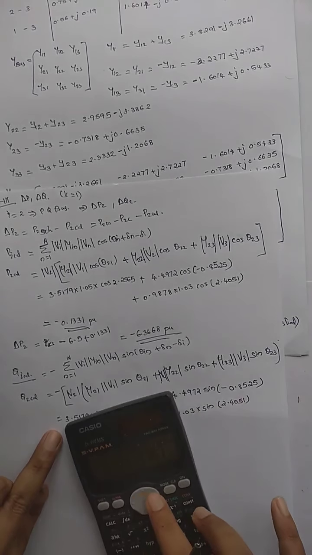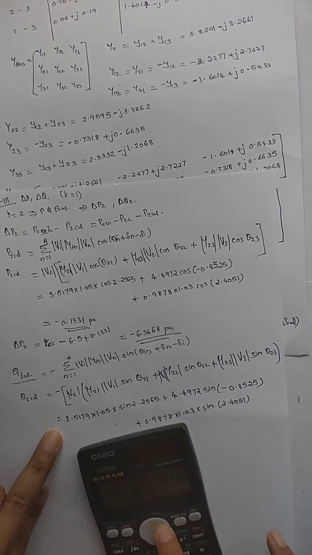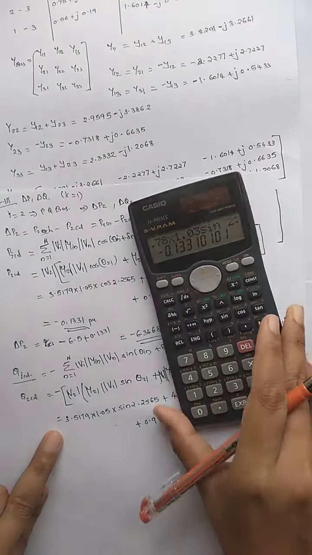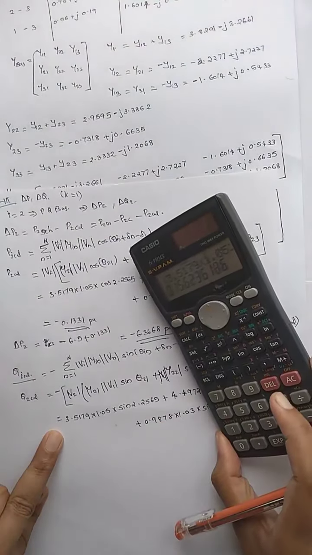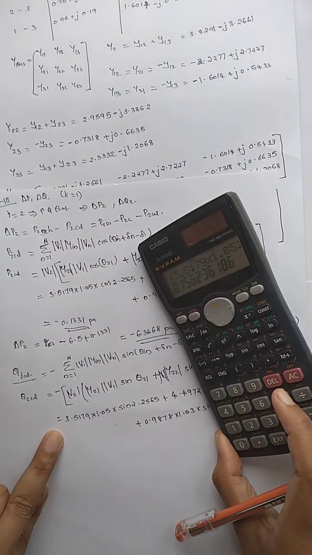That is 3.51 into 1.05 into, instead of cos I am putting sine, 4.49 into, instead of cos I am putting sine, and again in one more portion it is sine. So I am putting the sine value, and what is my value? It is 0.156.